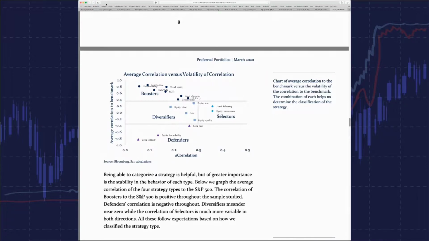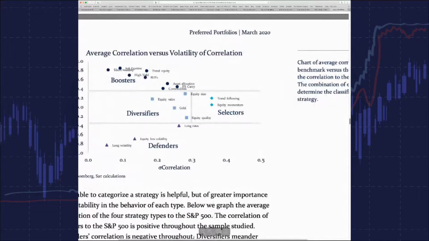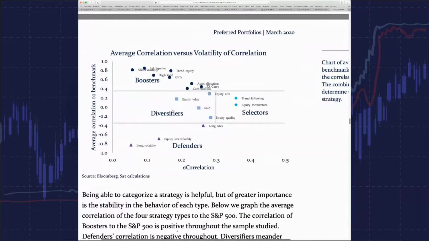Sure, exactly. So this is a time period from 2008 to 2019. I picked, I believe, 19 asset classes or strategies. Nothing particularly selective about them, just a representative population of things that are being traded in the mainstream these days.